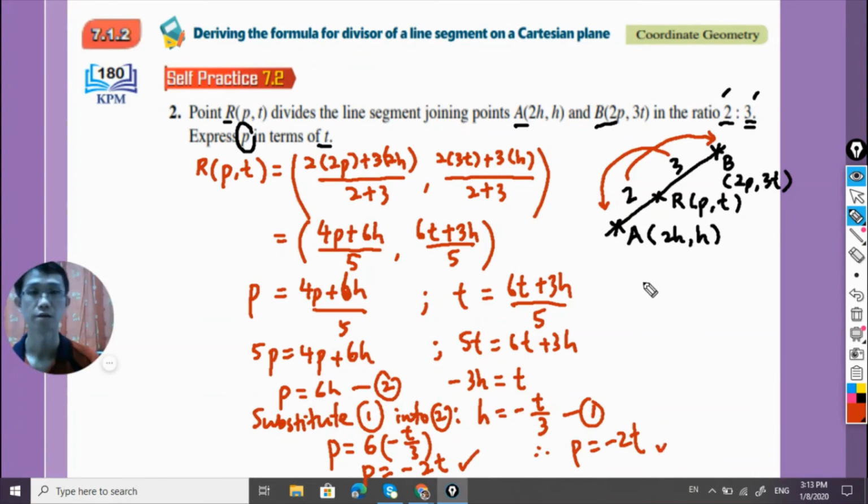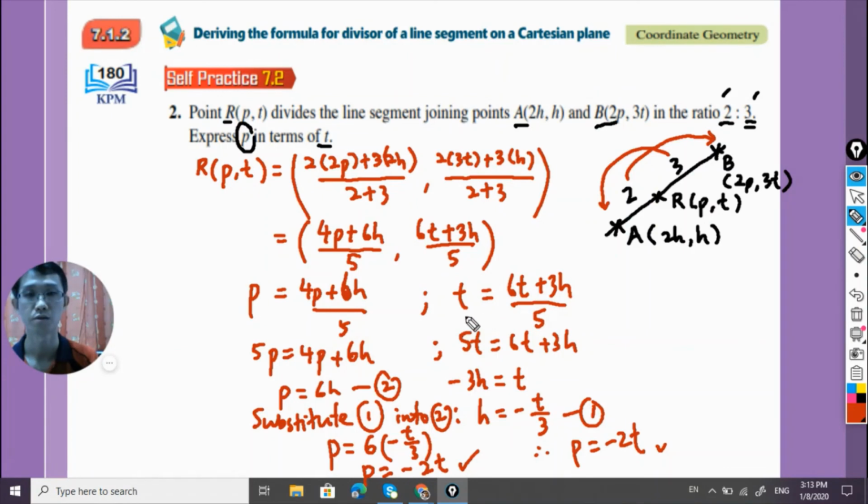Okay, so I repeat. First of all, you sketch the diagram to link the points A and B with the point R in the ratio 2 to 3. After you get the diagram, you rewrite the coordinates and the relationship between the points and the ratio in the formula, and simplify.